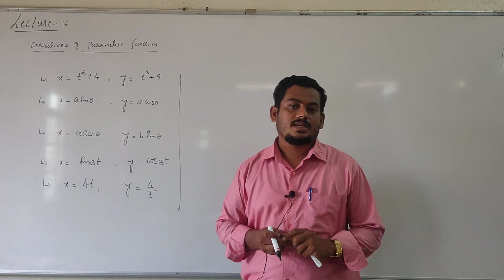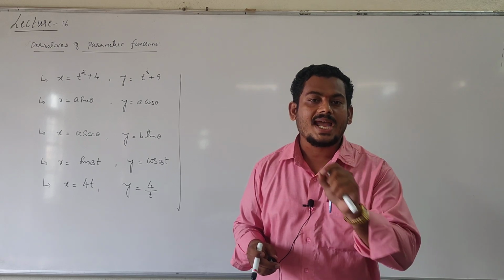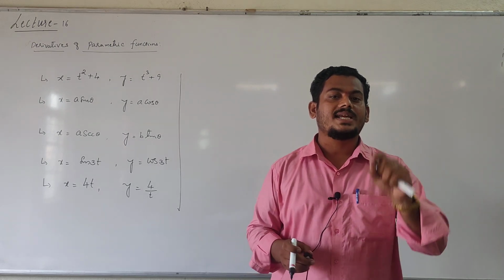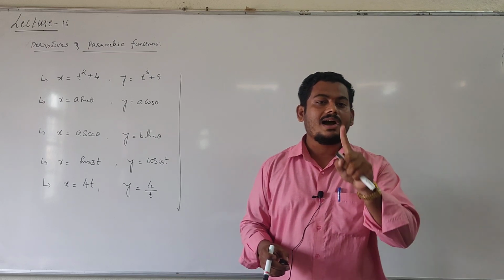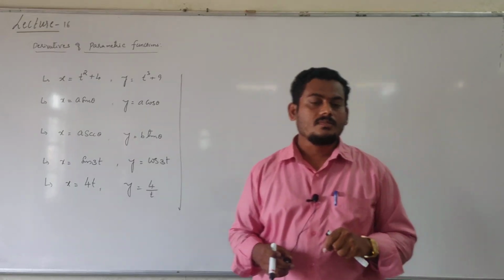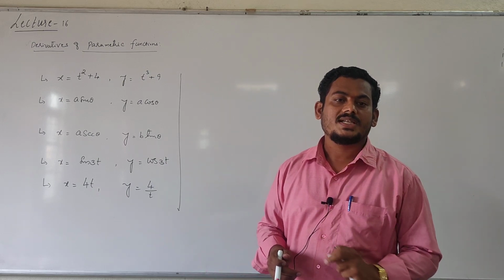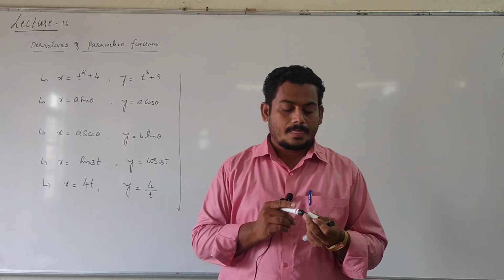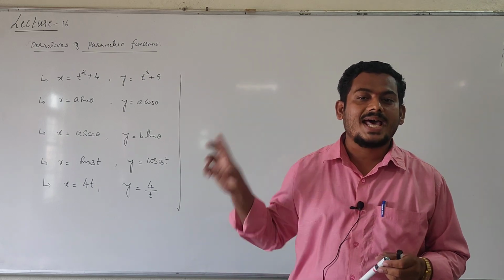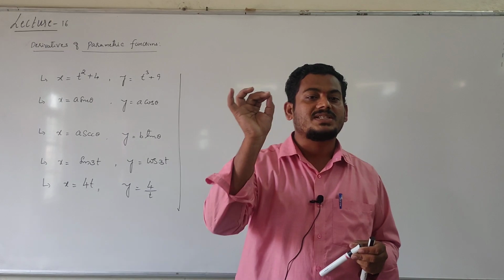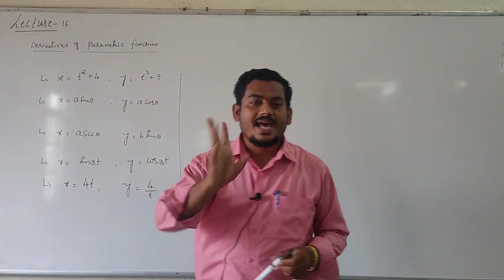If both x and y are expressed in terms of third variable t or theta, is known as parametric function. Once again definition. If x and y are expressed in terms of third variable, these two are variables, x and y are variables.